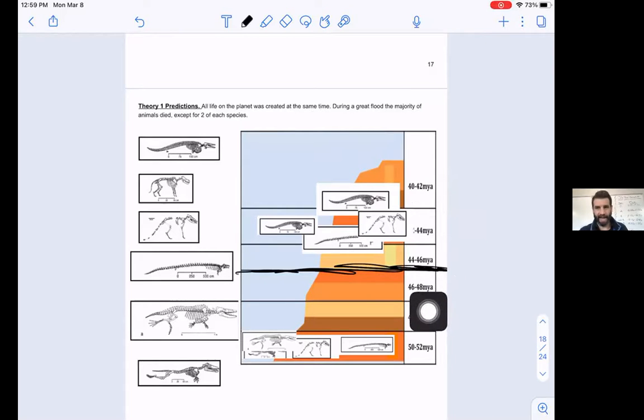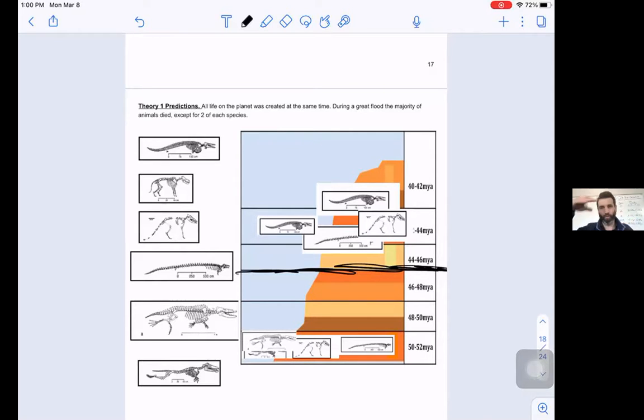You could probably design this in a number of ways, but if all life was created at the same time, now remember, these strata are 2 million years old, so there are many, many generations of a given animal that will exist, be born, die, and go through many cycles of generations before the animal really has noticeable evolutionary change. Their traits are being selected for all the time, but on a large scale, we're not going to see a totally new fossil.